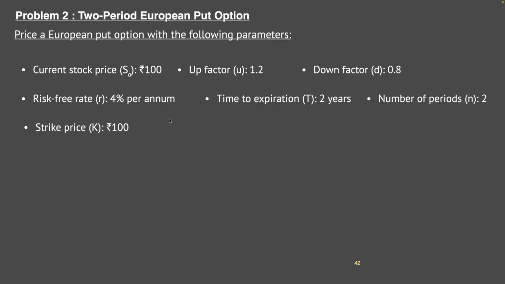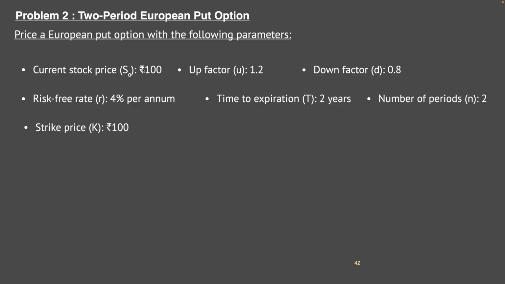When the current stock price is greater than the strike price in a call option, then you call it in the money. If the current stock price is less than the strike price in a call option, then you say it is out of the money. Here, since we have a European put option, if the current stock price is less than the strike price, it will be in the money.